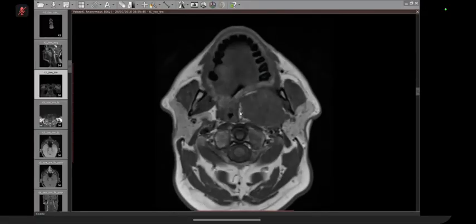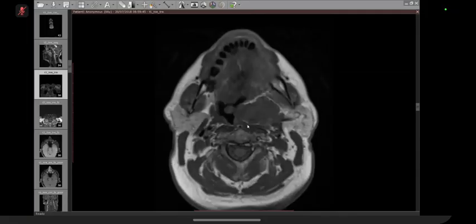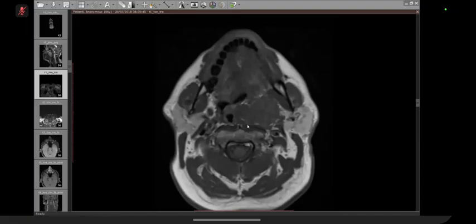The oropharynx here is displaced contralaterally with slight narrowing, but remains otherwise patent.